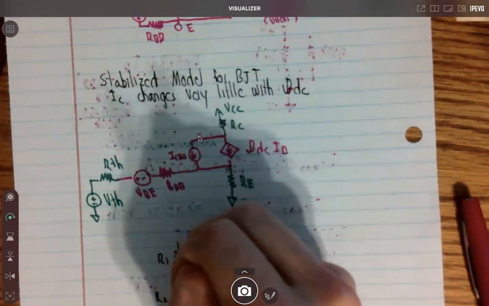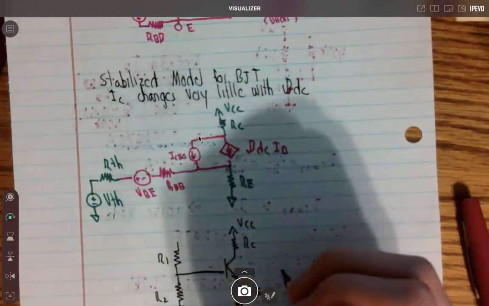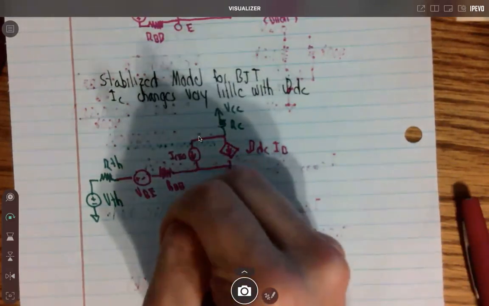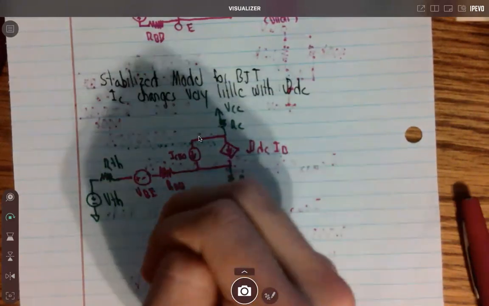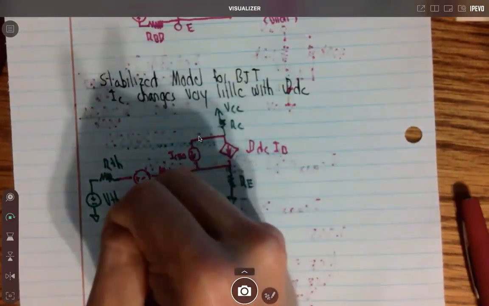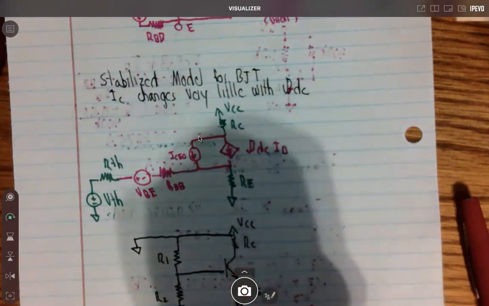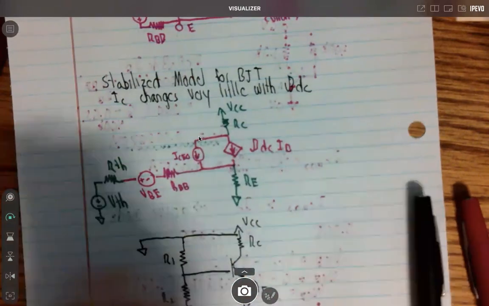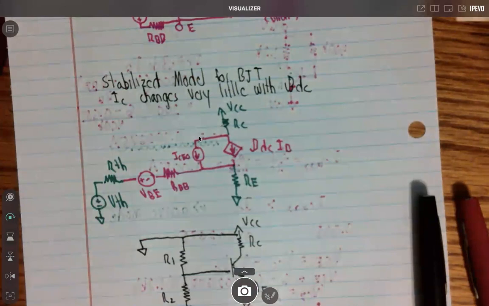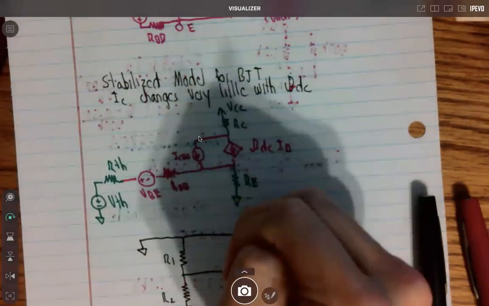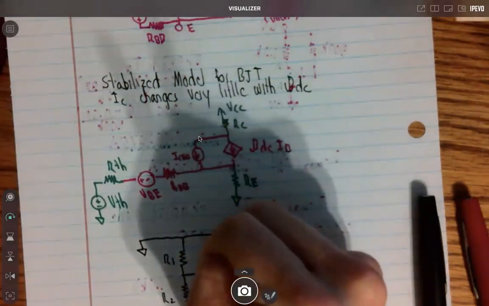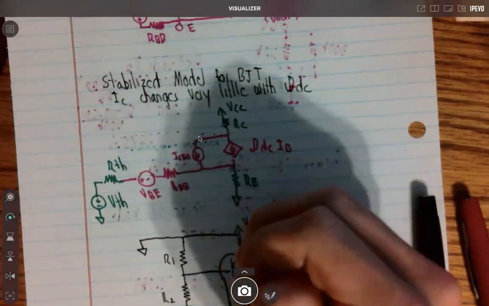And then it's going to be hooked up to your transistor. So what we have here is basically this transistor, all this part here.